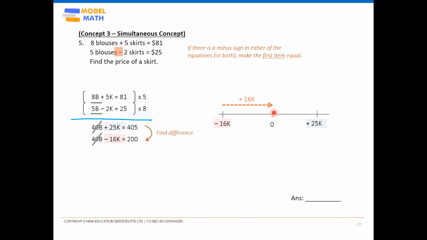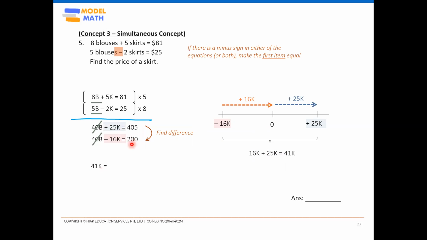And now from 0 to here, I must walk another 25 steps up. Can you see this difference between minus 16 and 25 is actually adding 16 and 25? And that 41 is the difference between these two terms. Okay, so 41K is my difference now.